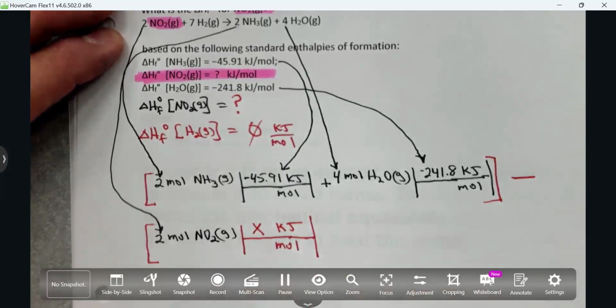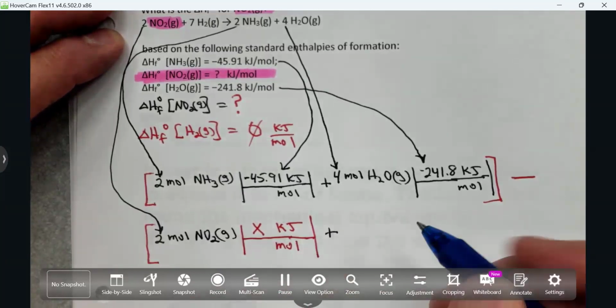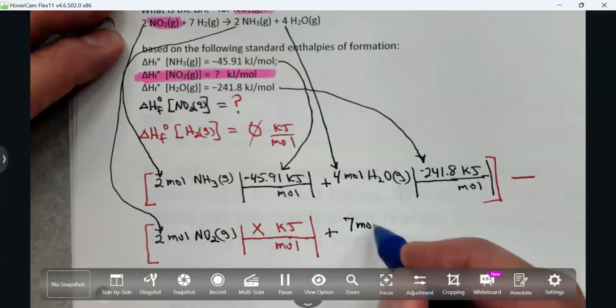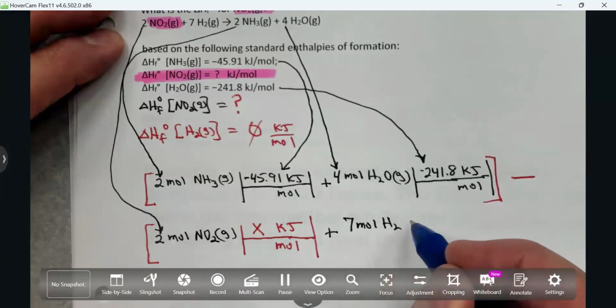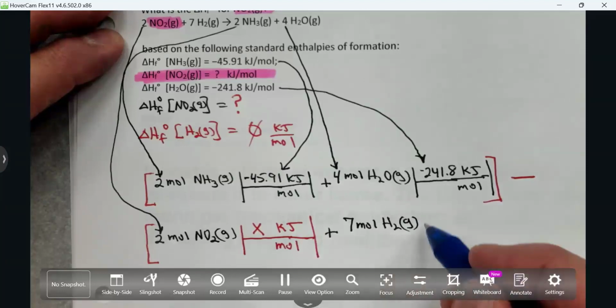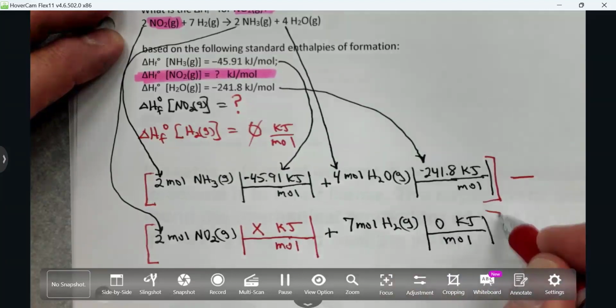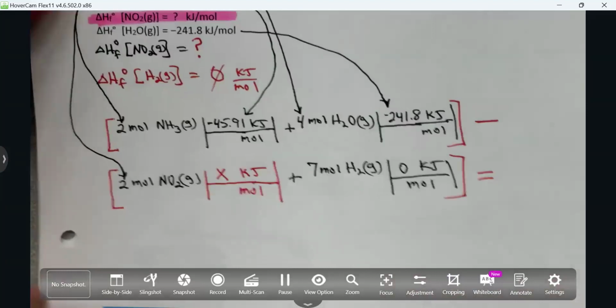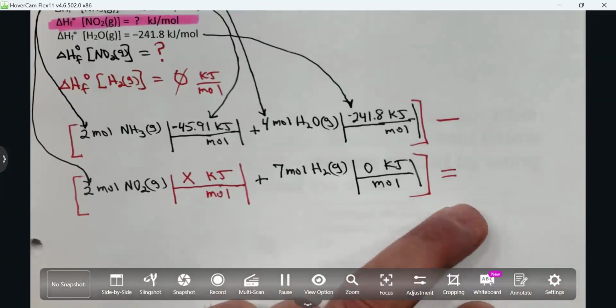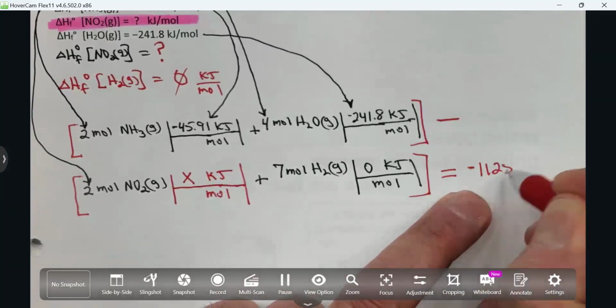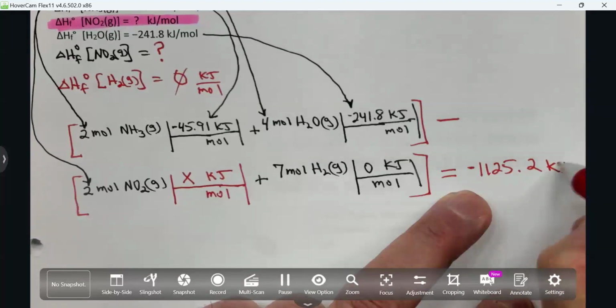We do not know what that is. Plus 7 mole of hydrogen at 0. Equals negative 1125.2 kilojoules.